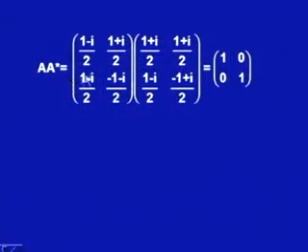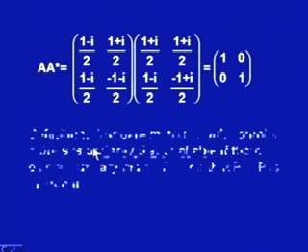This is the matrix A, and this is A star, and when we multiply it, this multiplied by this is 1, this row multiplied by this column is 0, this row multiplied by this column is 0, and this multiplied by this is 1. So, A A star is equal to the identity matrix.